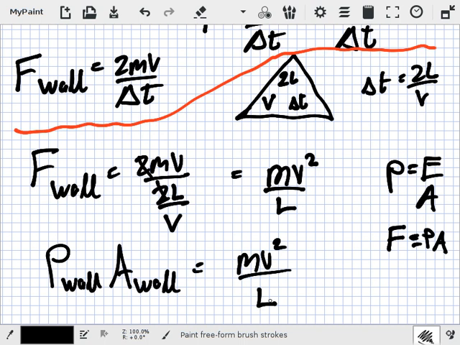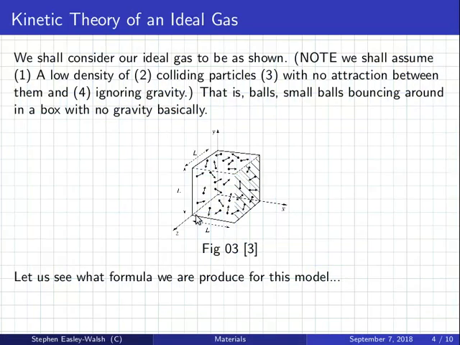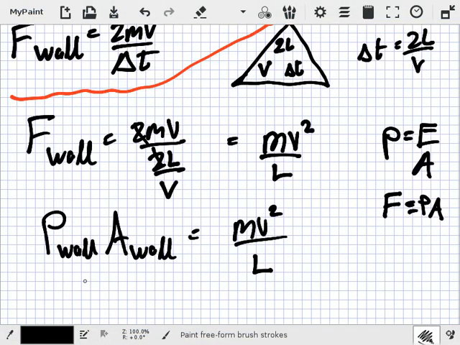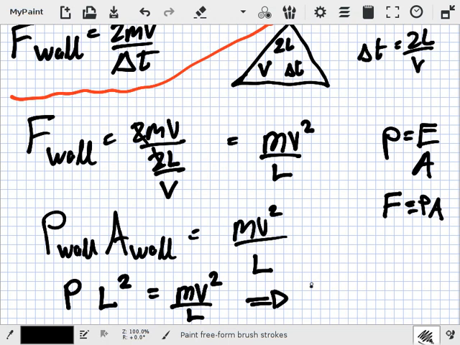What's the area of the wall? If you look at the picture we had a moment ago, we're just saying everything is L to keep it straightforward. So what would be the area of the wall? L squared. So you can now say that P, the pressure on the wall, times L squared equals mv squared over L. Which means you can say that P equals mv squared over L cubed.